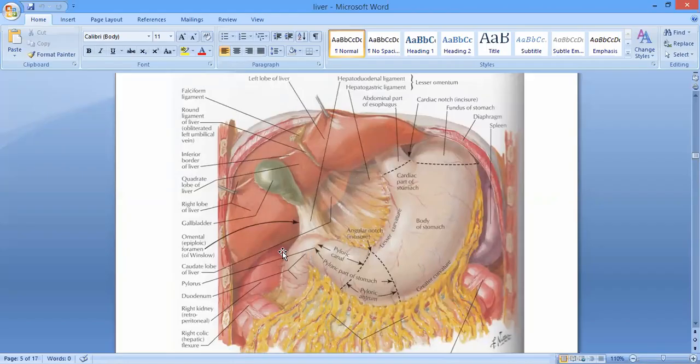ठीक है? इसको अच्छे तरीके से wash करते हैं areas को, so that even a smaller amount of the infected material should not be present in these spaces.